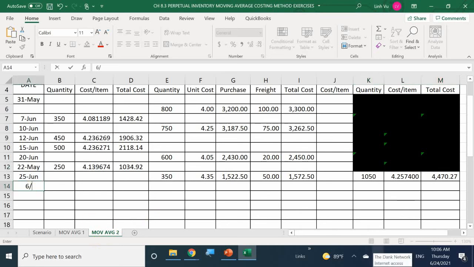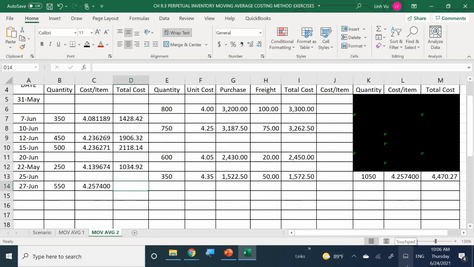So here on June 27, we sold 550 units. Oops, not 5,500, 550. So at what average cost per item am I going to be selling my 550 units at? 4.257400.